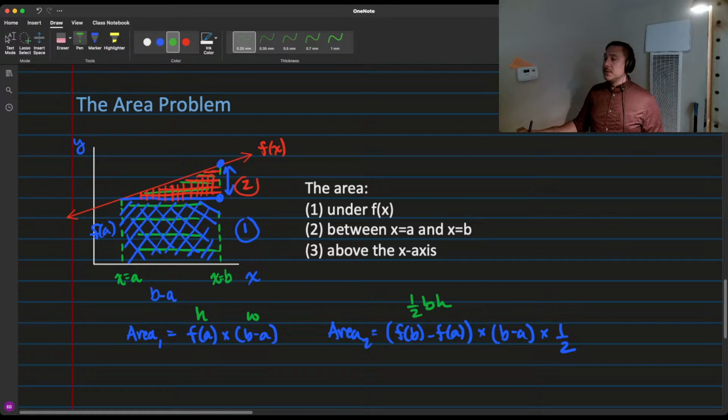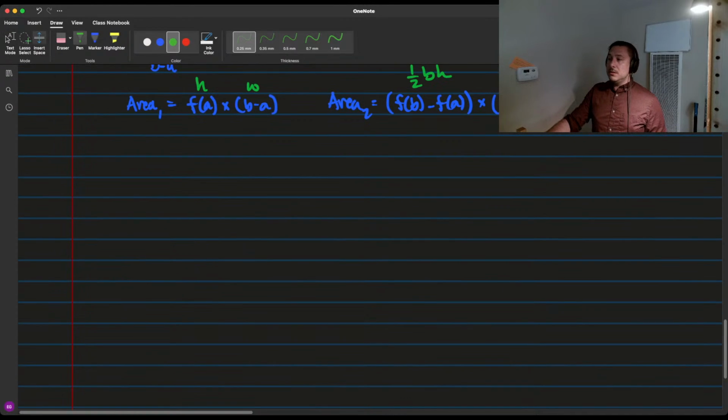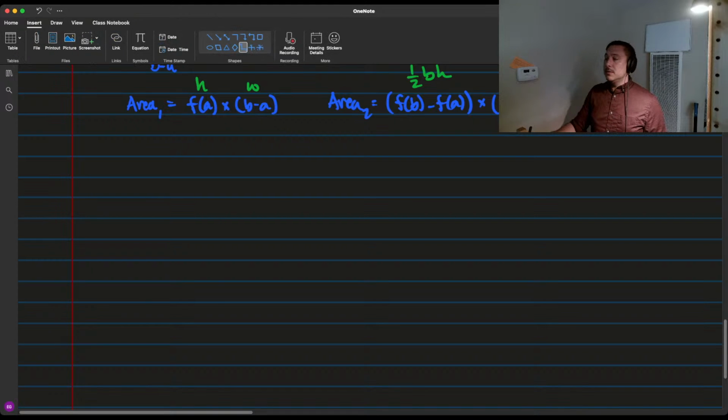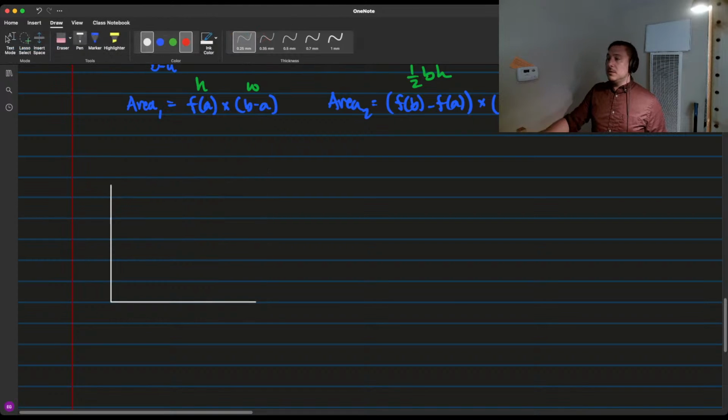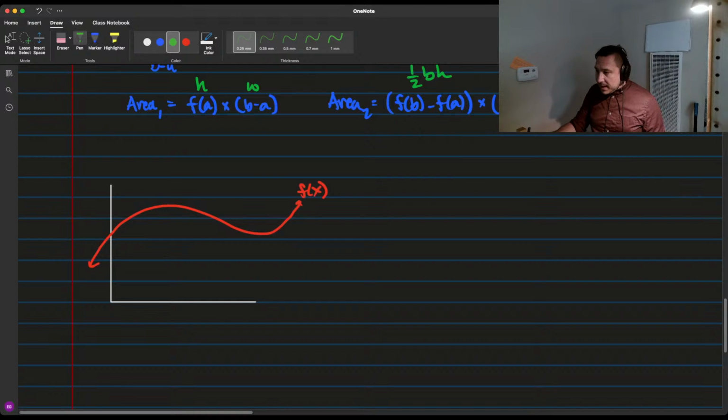Now, what becomes more complicated is when you have a curvy graph. Say that this is now your f of x, and you have x equals a right here and x equals b right here.